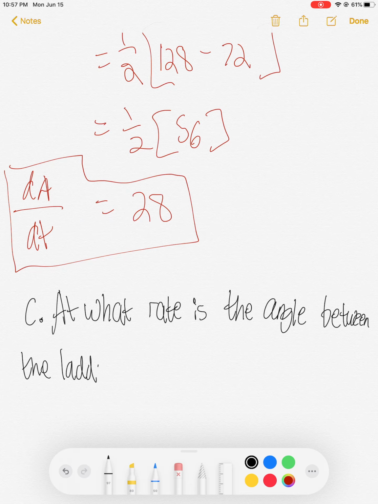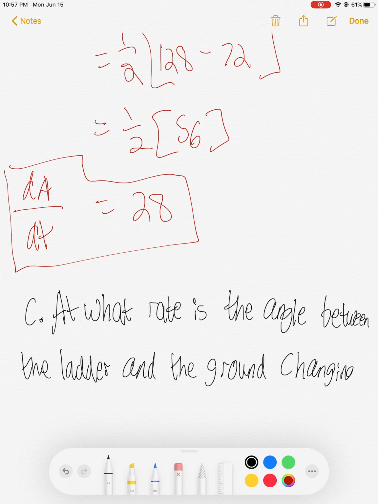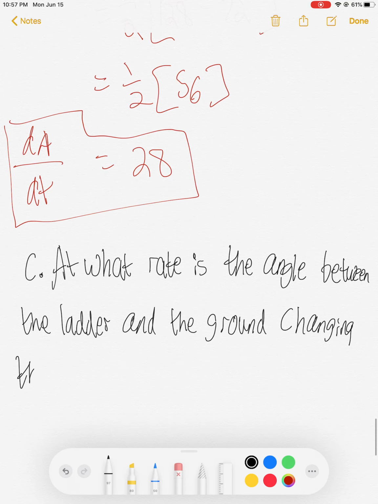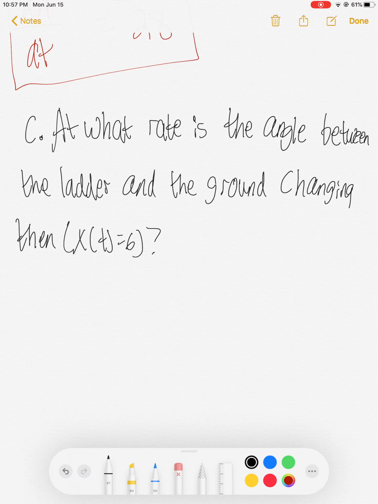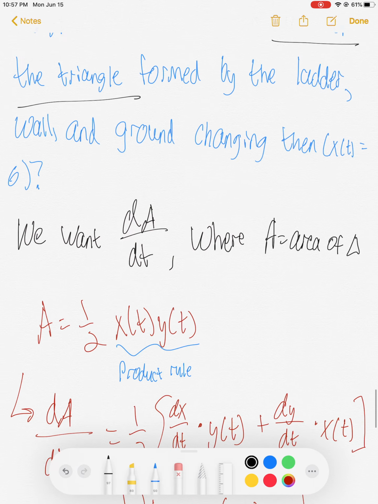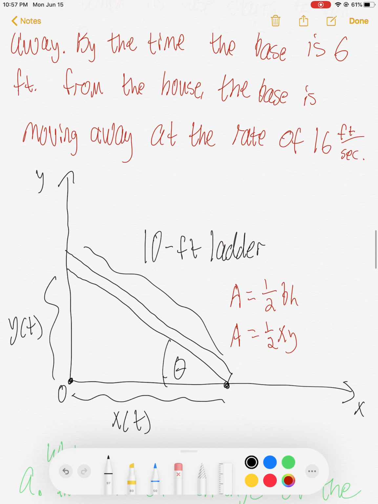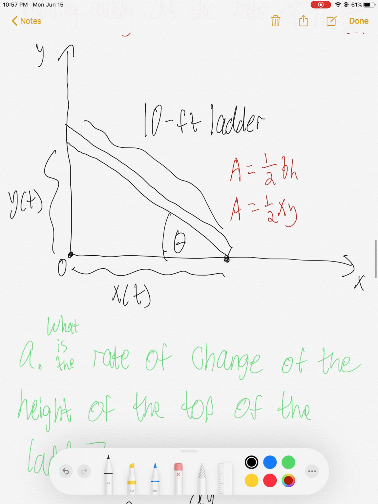And finally, part C. Part C asks, at what rate is the angle between the ladder and the ground changing then?